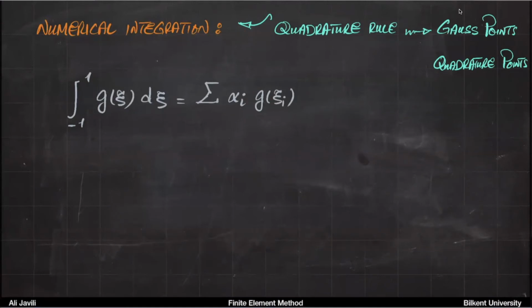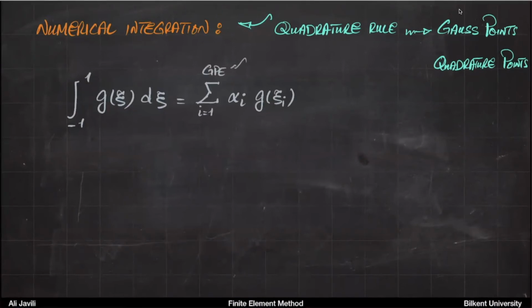And this sum runs from 1 to what we call GPE, and GPE stands for number of Gauss points per element.